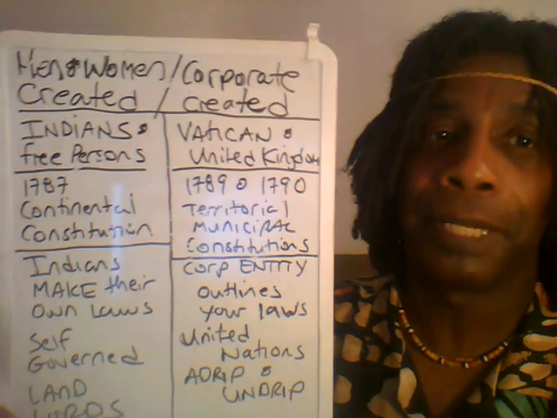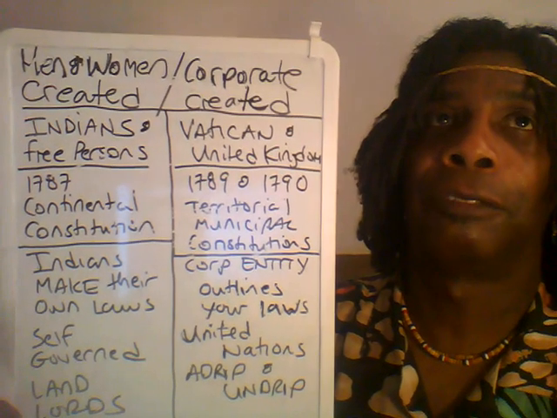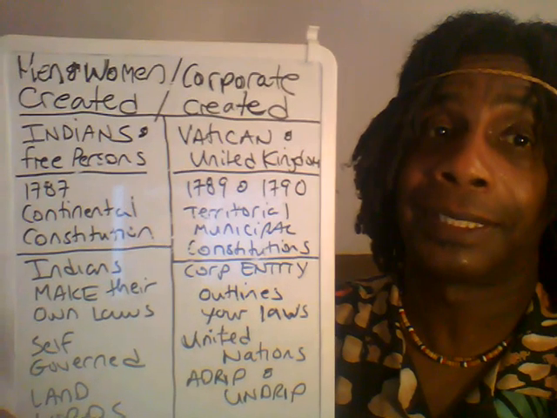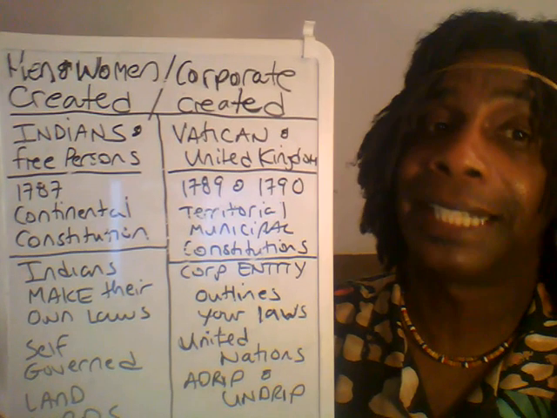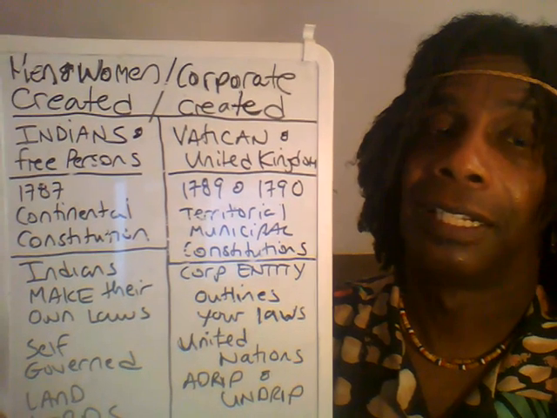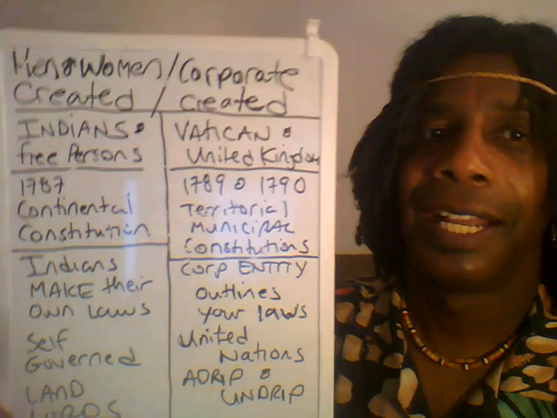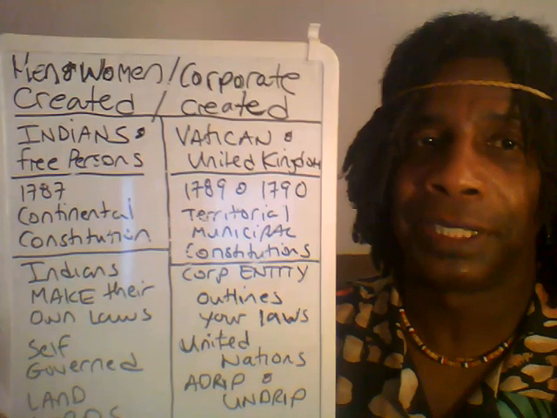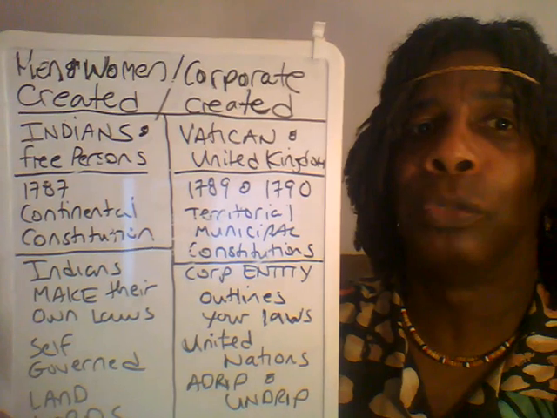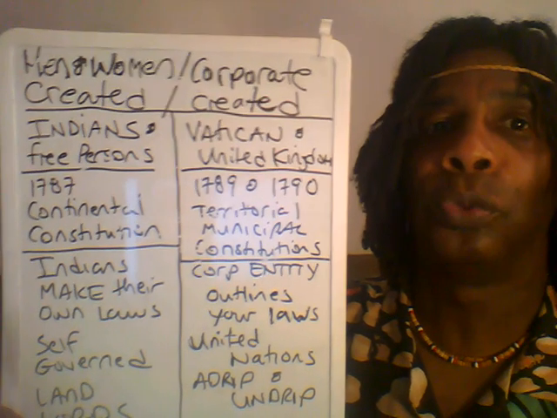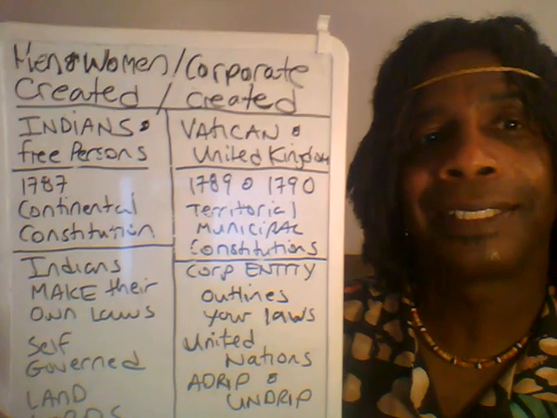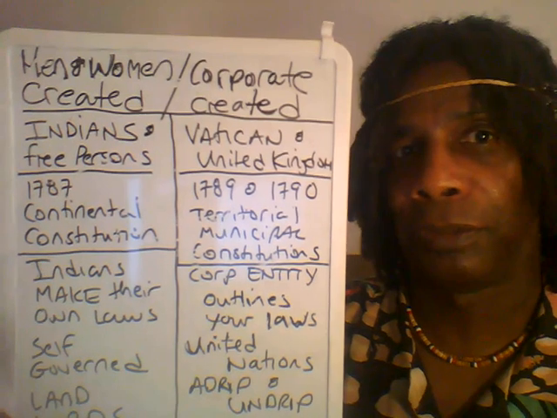The 14th Amendment first makes you a United States citizen. When you were a state citizen, that was part of the United States. There's a difference. And then the next thing that the 14th Amendment did was make you subject to the debts of the federal United States.